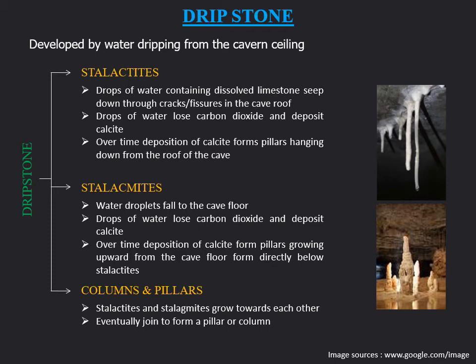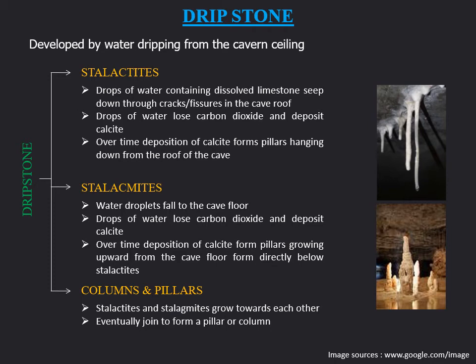The term cave travertine is used for any kind of cave depositional form or structure. It's basically an umbrella term which covers many kinds of depositional structures found within the caves.